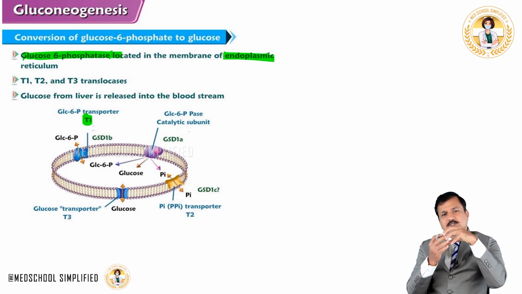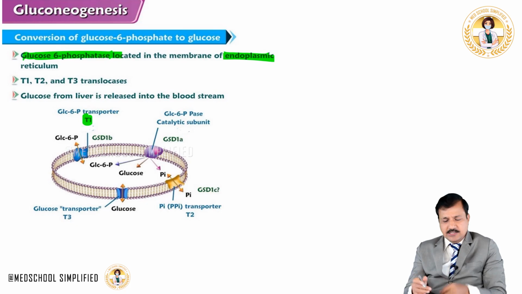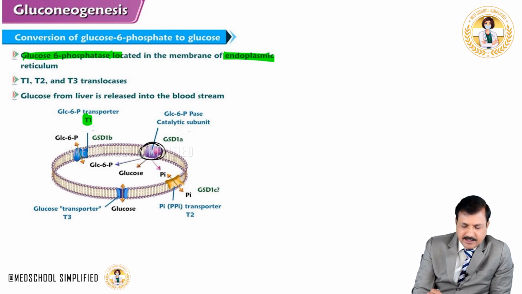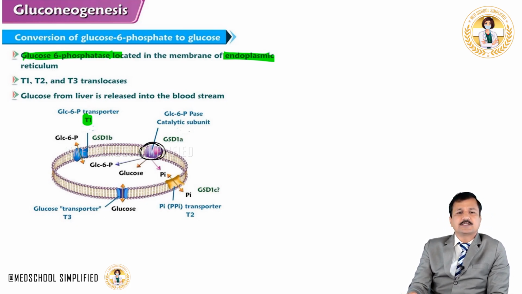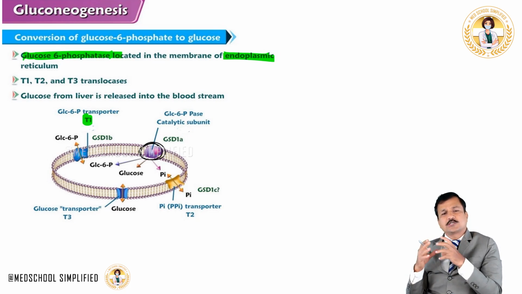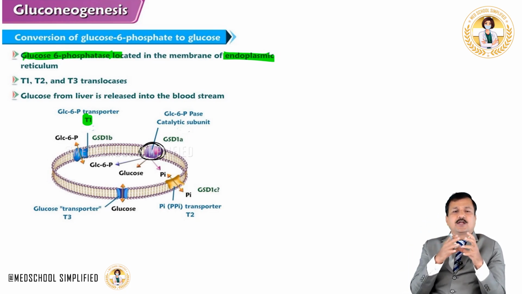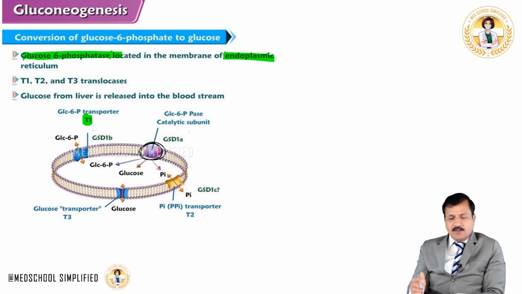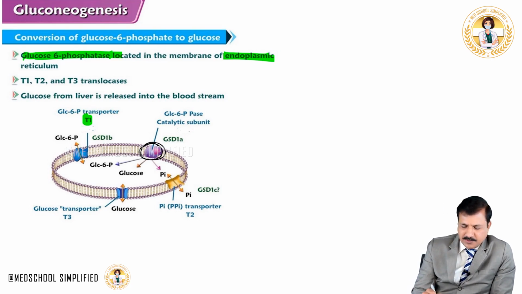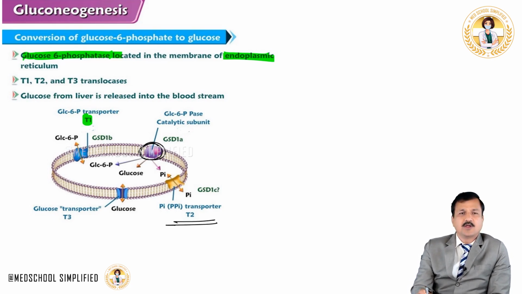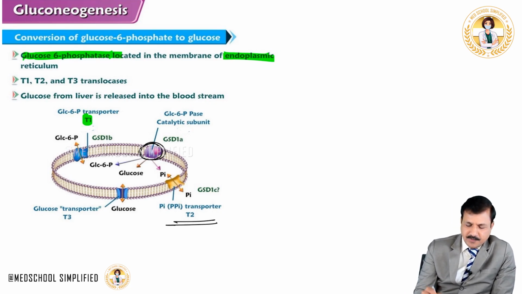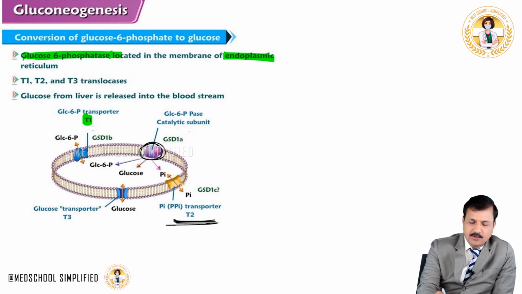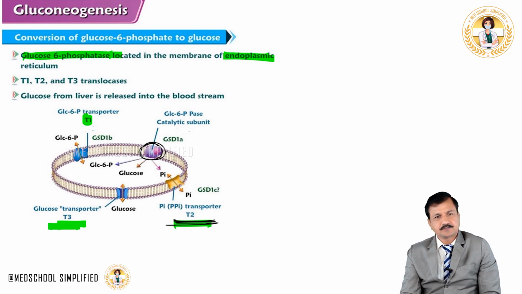As shown here, this is the catalytic subunit of glucose 6-phosphatase. It breaks glucose 6-phosphate into inorganic phosphate and glucose. The inorganic phosphate comes out of the endoplasmic reticulum into the cytoplasm via the T2 transporter, and glucose comes out via the T3 transporter.